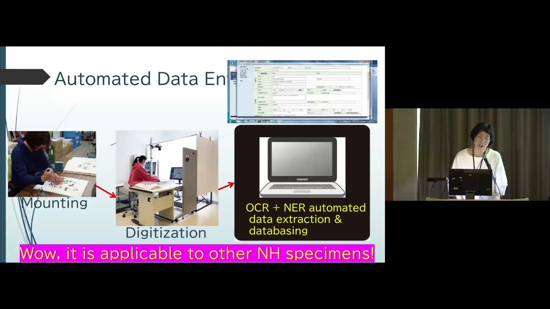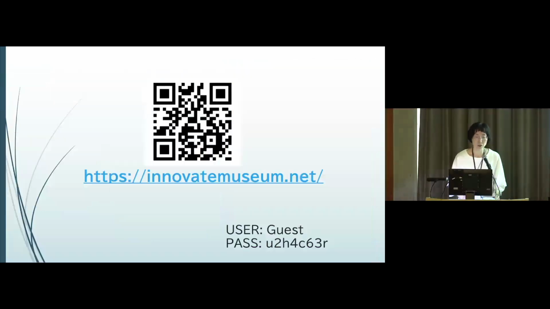This is a system aiming at extracting label data of plant specimens, but when we tried specimen images of birds or shells, in which the specimen label and the specimen appear together in the images, as in the case of plant specimens, we were also able to successfully extract label information. So we decided to open this system on the web.